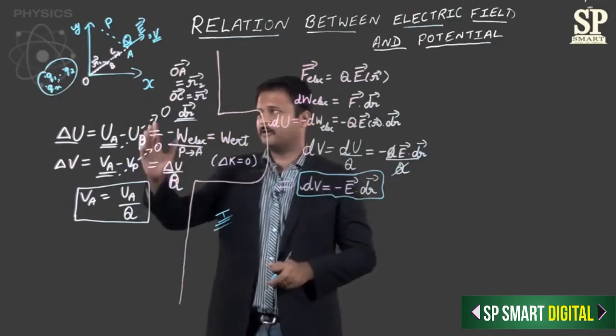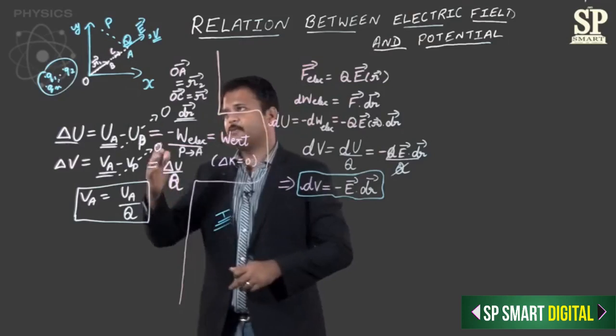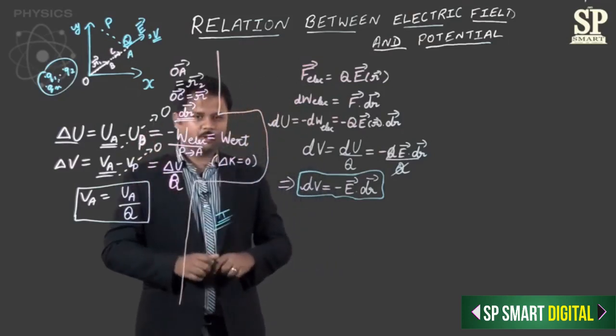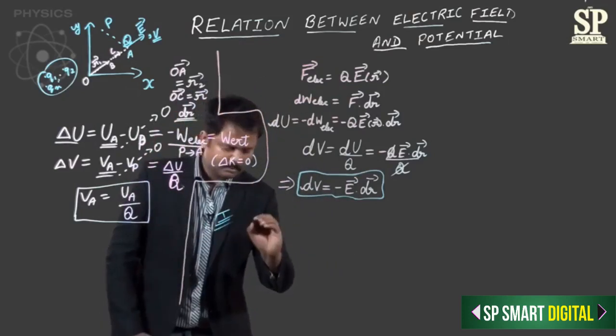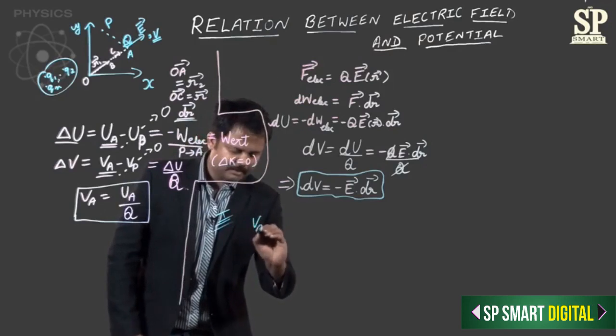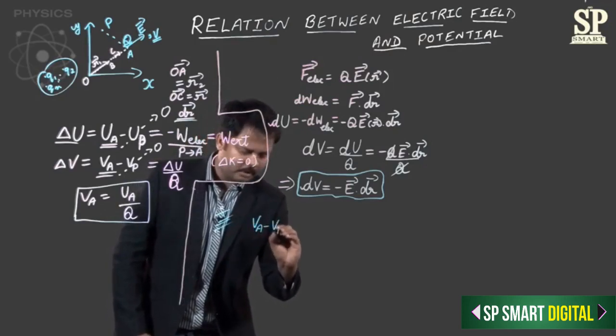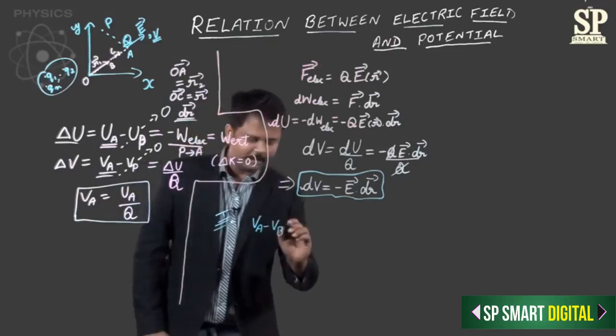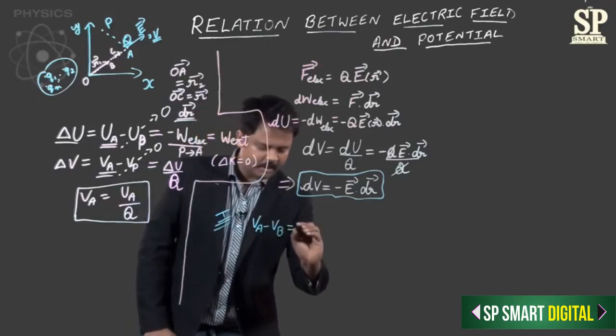Let's say we want to find out the total potential difference in moving from point B to A. So what I have to find out is VA minus VB. From now on, we will also use another shorthand for this term, I will call it VAB.